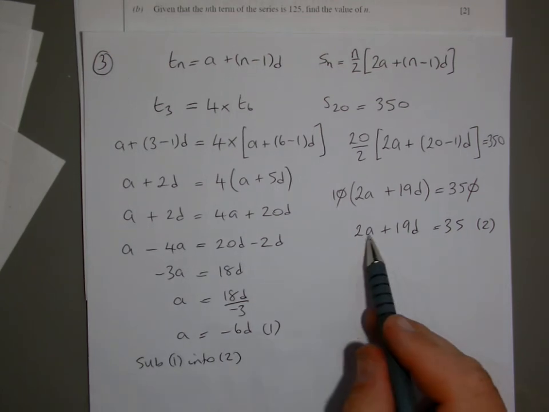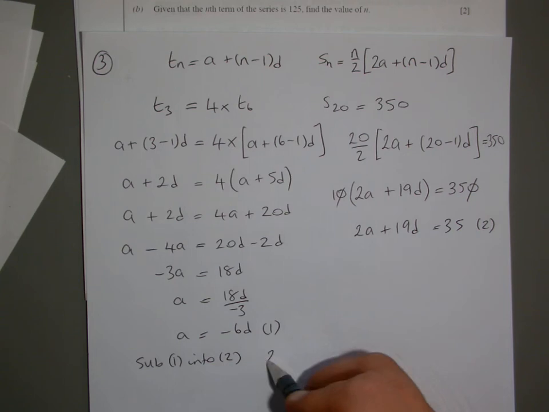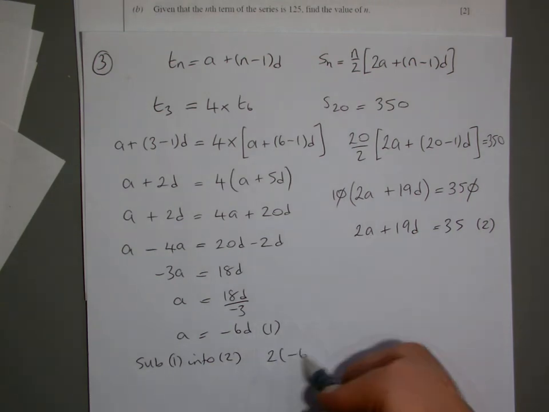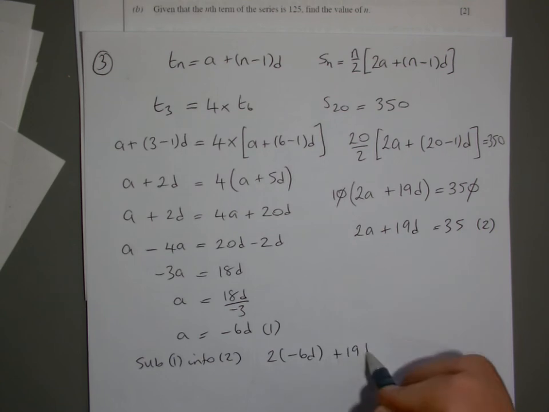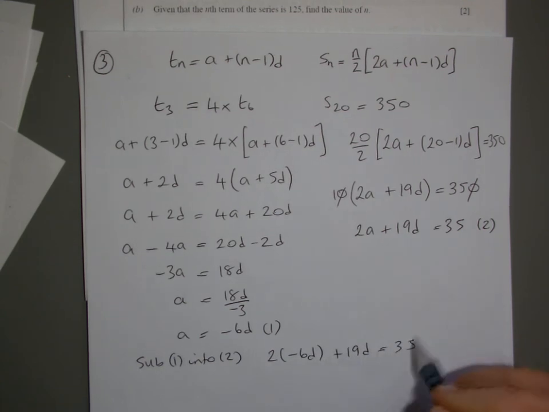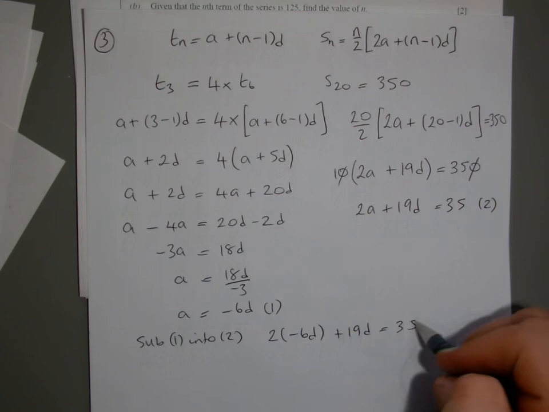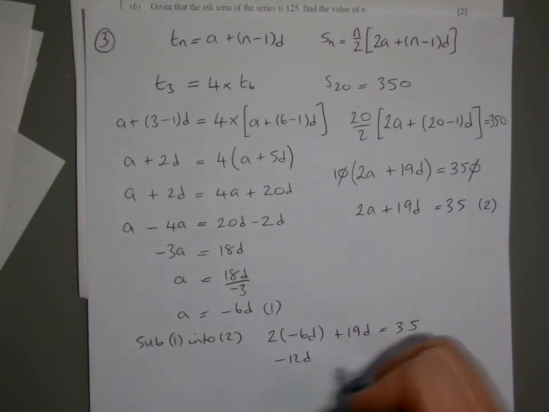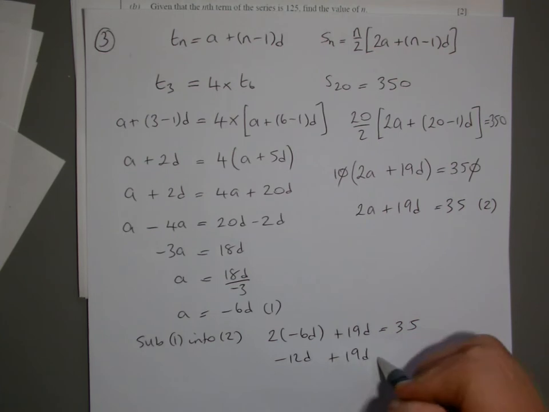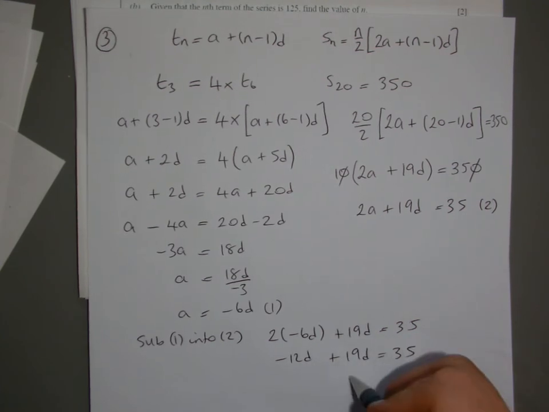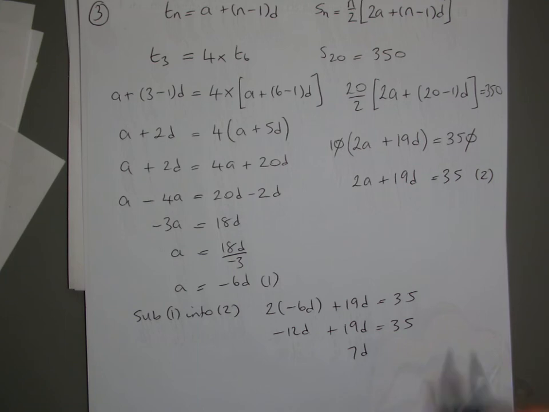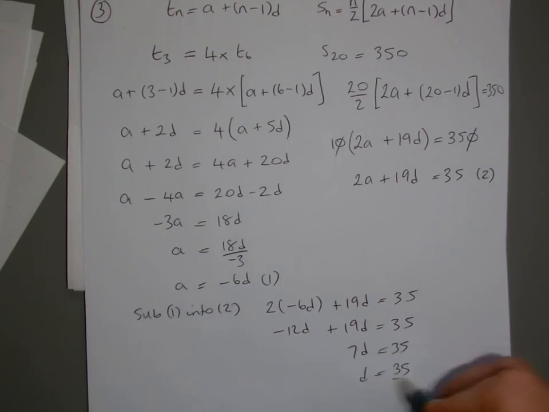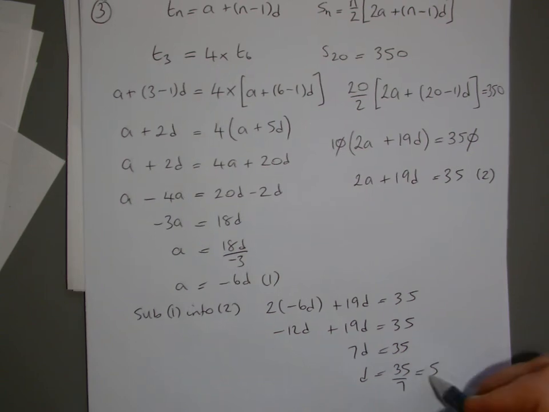Okay, so you've got 2A here, and remember then A is minus 6D, so minus 12D plus 19D is 35, so that means 7D then, that works out to be 7D is 35, so then D nicely then becomes 35 divided by 7, which is 5.